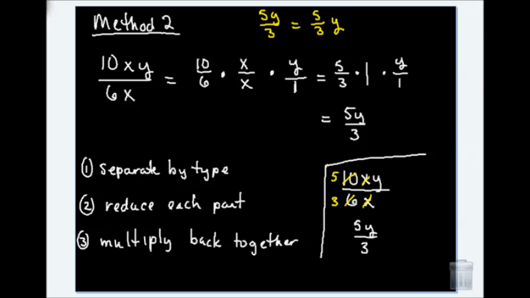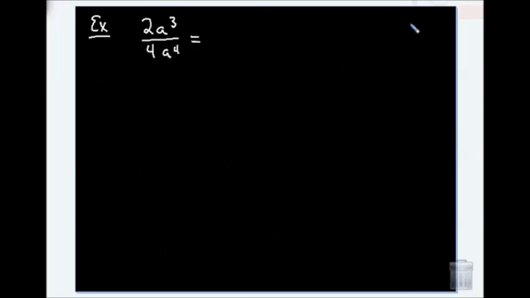I'm going to start by expanding. Okay, 2 is just 2, and then a to the third is a times a times a. 4 is 2 times 2, and a to the fourth is a times a times a times a.